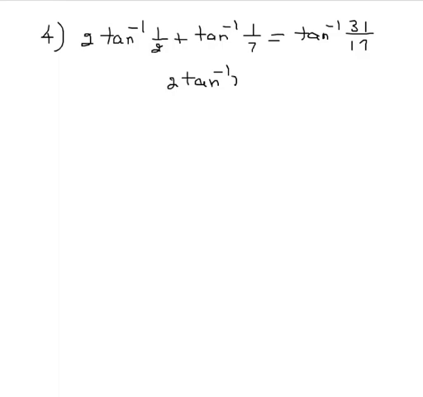Question 4. Prove that 2 tan inverse of half plus tan inverse of 1 by 7 is equal to tan inverse of 31 by 17. We have a formula for 2 tan inverse of x. We have 3 formulae in terms of sine inverse, cos inverse and tan inverse. I am going to use the tan inverse formula because the other term is in terms of tan inverse: tan inverse of 2x by 1 minus x squared. Let us use this formula.